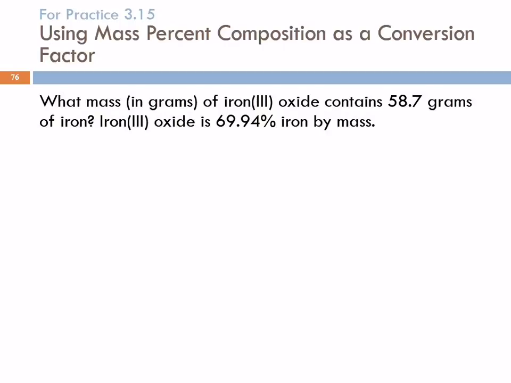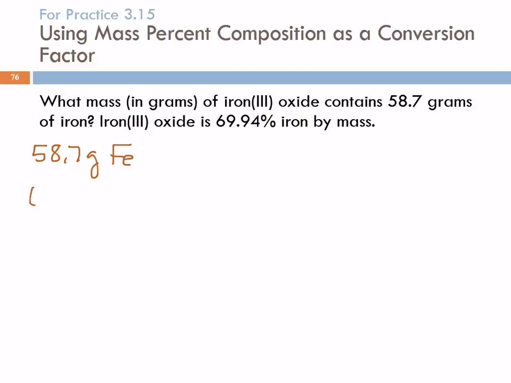Let's do this example. What mass in grams of iron(III) oxide contains 58.7 grams of iron? Iron(III) oxide is 69.94% iron by mass. Well, let's write down the numbers. 58.7 grams of iron, Fe.